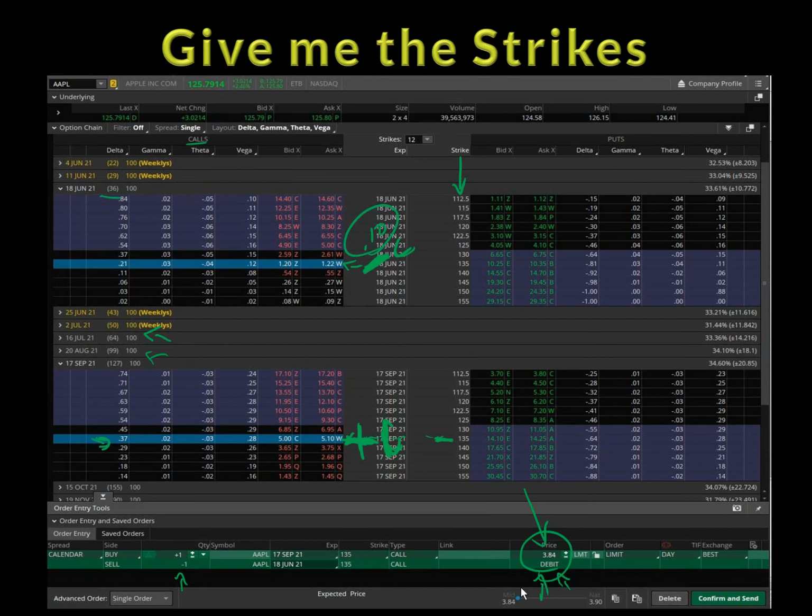Some people will talk about going to the in-the-money options. They like buying these real far in-the-money options. Why? Because the probability of being in the money is much better. You've got an 84, 50, 60% probability of it being in the money. But folks, that's by a penny. That means it could go all the way down to 120.01. Well, it finished in the money, but only by a penny.